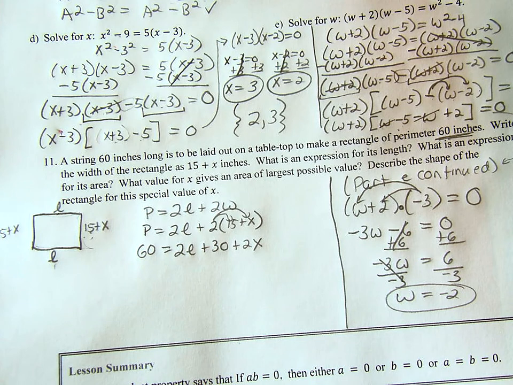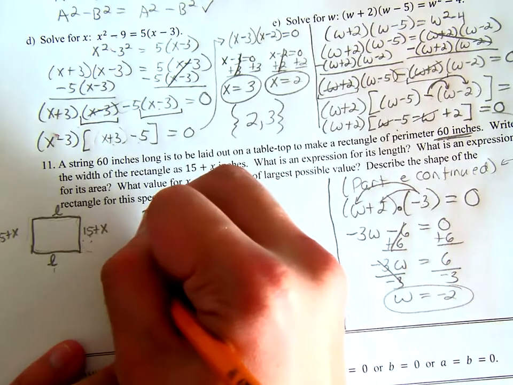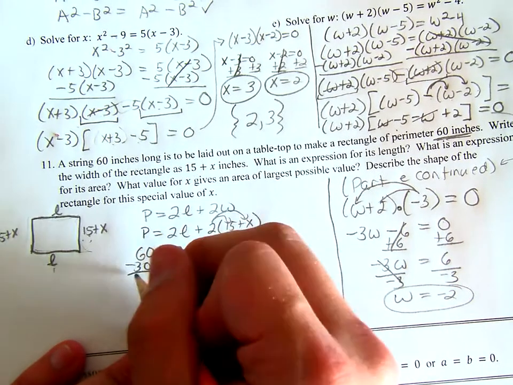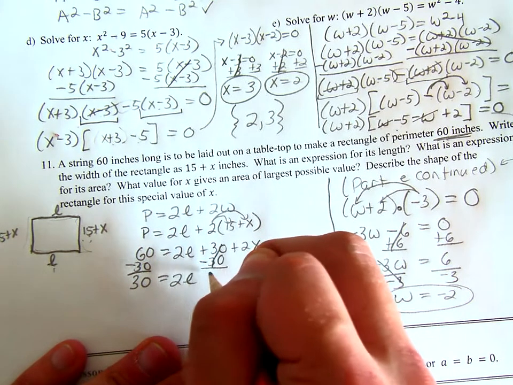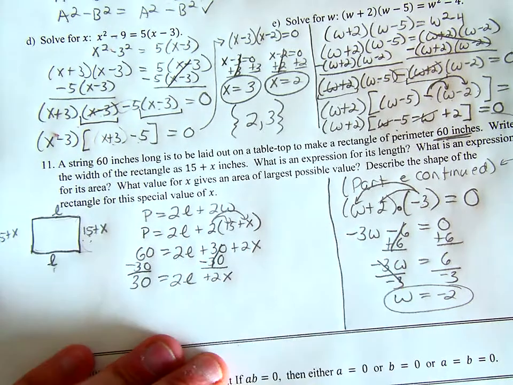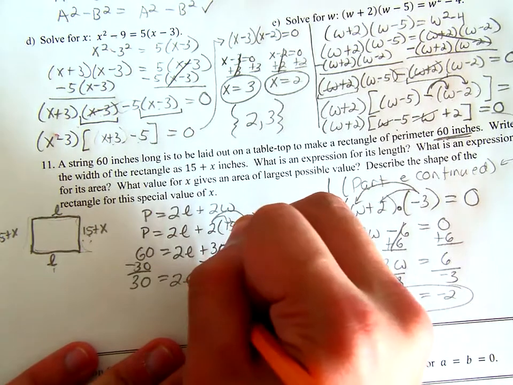So here we're going to first solve for the length. So what I'm going to do first is subtract 30 on both sides. Subtract 30. 60 minus 30 is 30 is equal to 2 length plus 2x. So now if I want to get length by itself, I'm going to subtract away this 2x.